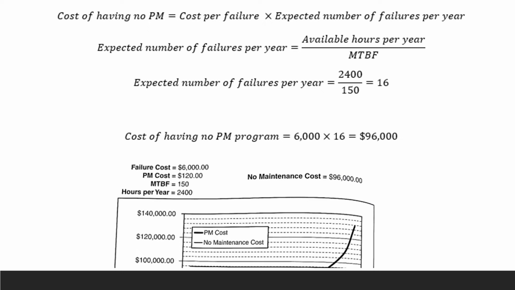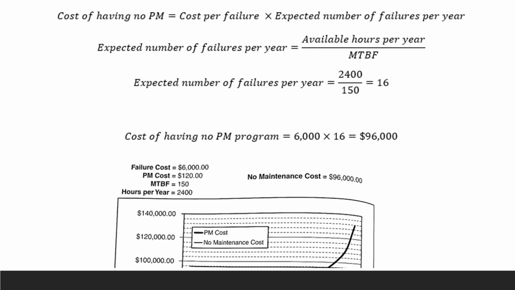The cost for having no PM is equal to the cost per failure times the expected number of failures per year. All you have to do is take the number of failures that happen in a year times the cost for each failure.